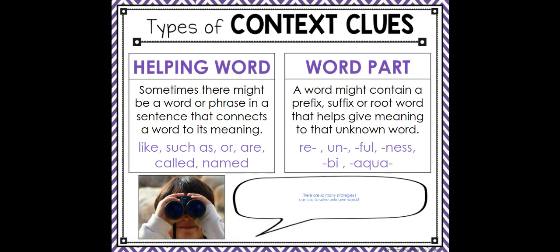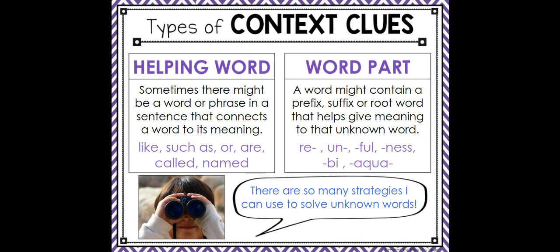A word might contain a prefix, suffix, or root word that helps give meaning to that unknown word. That's a word part, like re, un, full, ness, by, aqua. There are so many strategies we can use to solve unknown words.